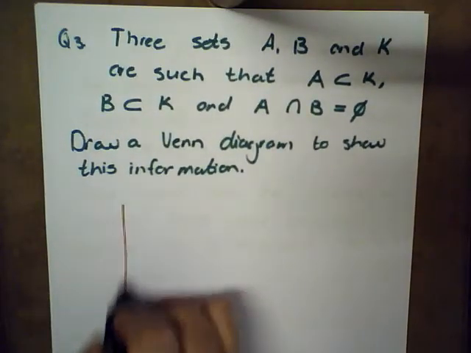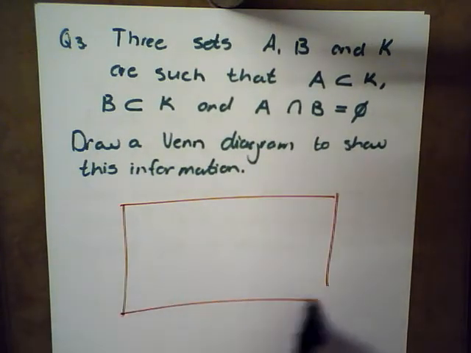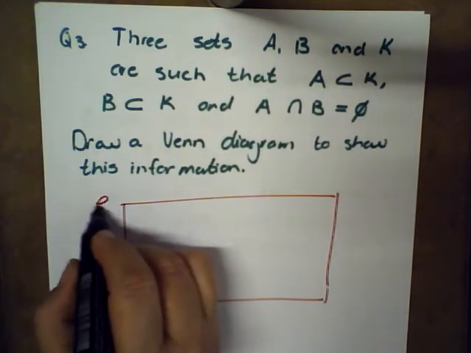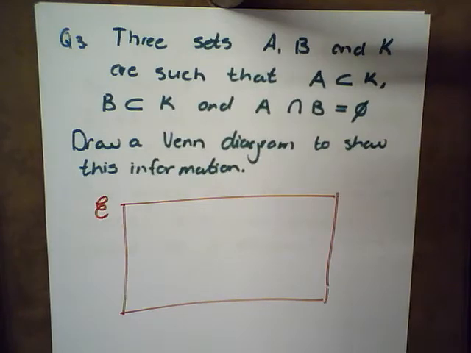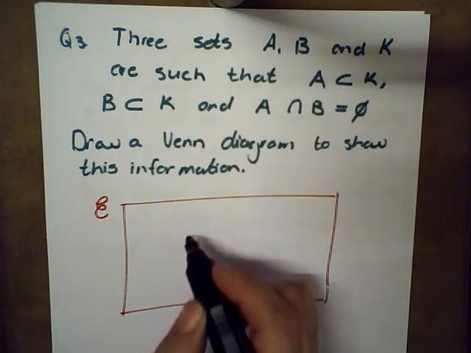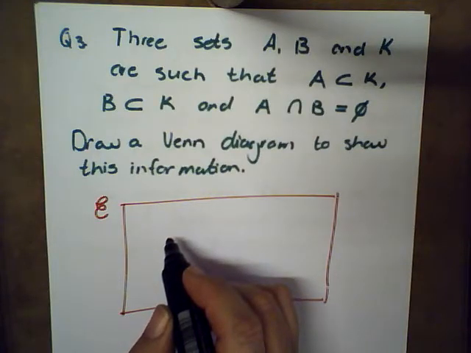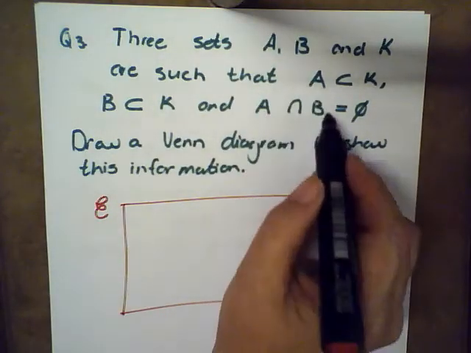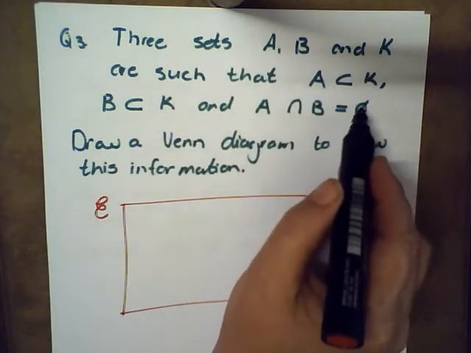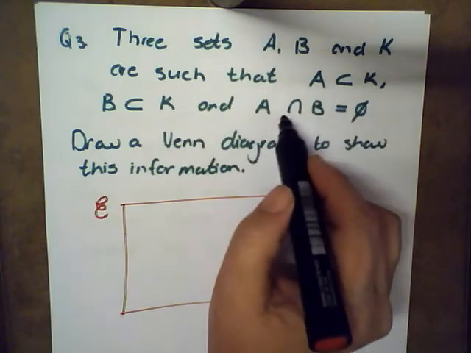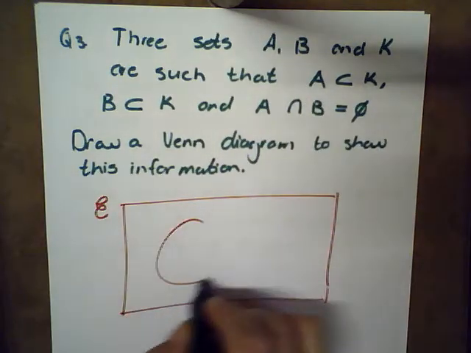Good, so I'm going to start off with a Venn diagram. It will be a universal set. Okay, and good, so now we need to look at that. A is a subset of K and B is a subset of K, but the two of them have a zero or an empty intersection.